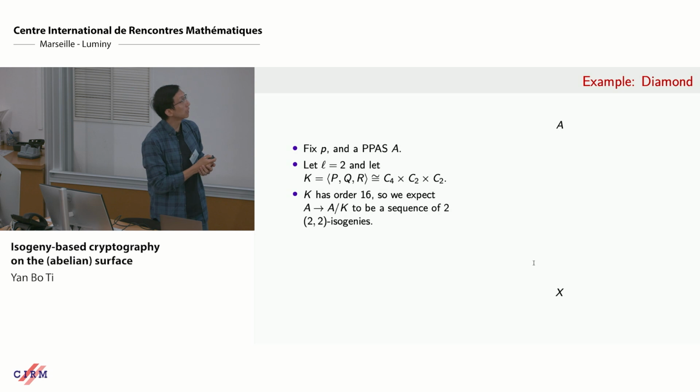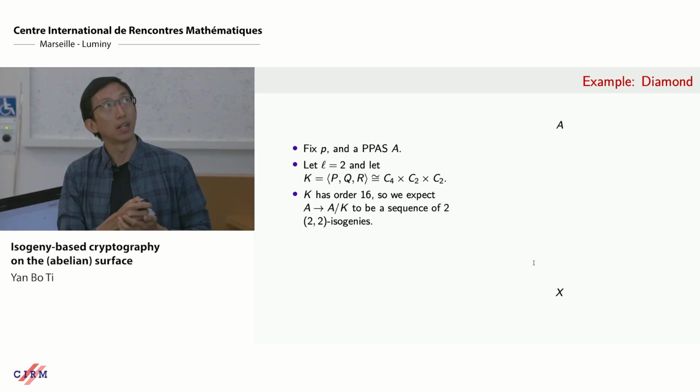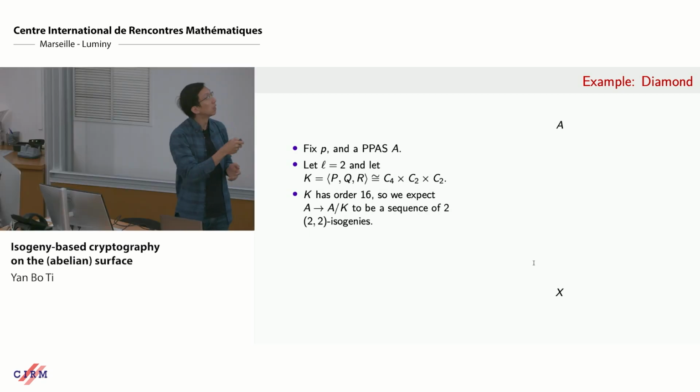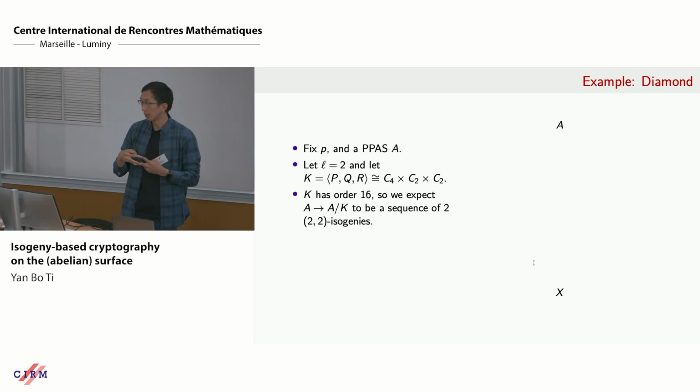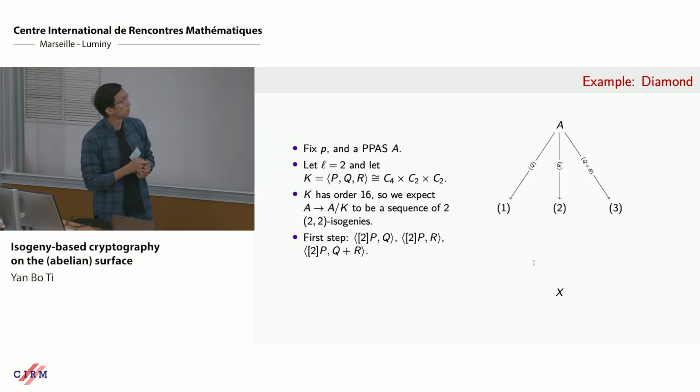So you need to understand how can I pick the first isogeny? How many times does C2 cross C2 go into this K? And you don't just want to count the number of C2 cross C2s that go into K, you want to count the C2 cross C2s that are also maximally isotropic. What we found is that in the first step, you actually have 3 different choices.